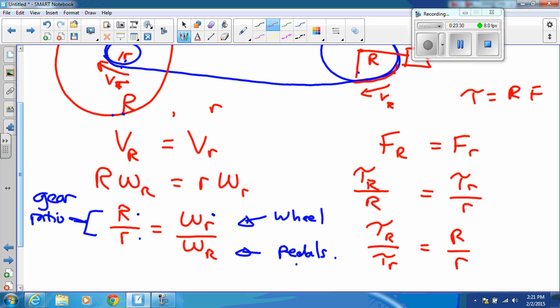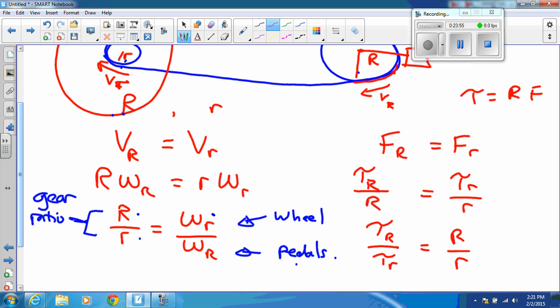So the larger my gear ratio is, the more torque has to be exerted at the drive sprocket in order to get the wheel over here to rotate. So if I again do a 5 to 1, this means that I'm going to have to exert 5 times as much torque here in order to get this guy to go right here.